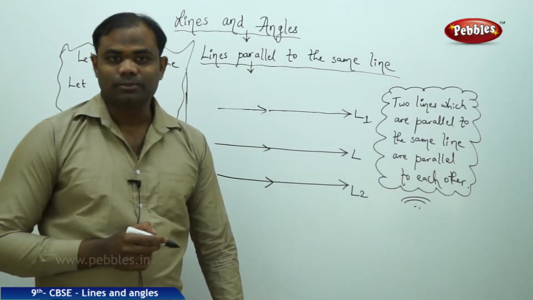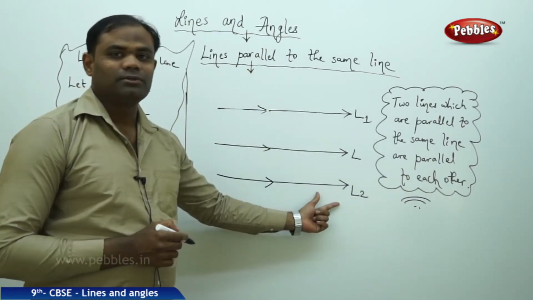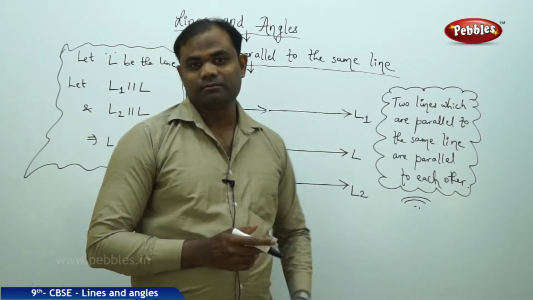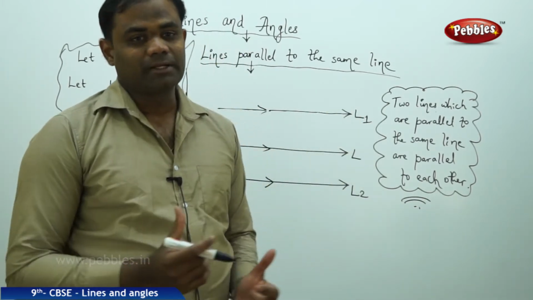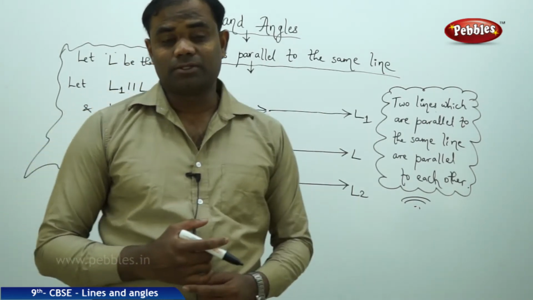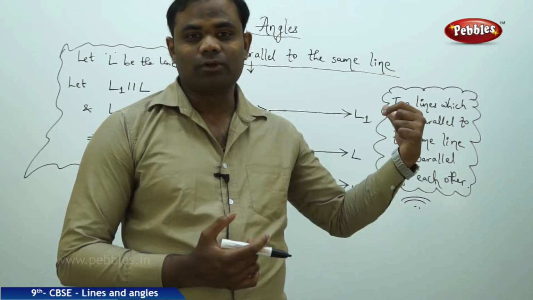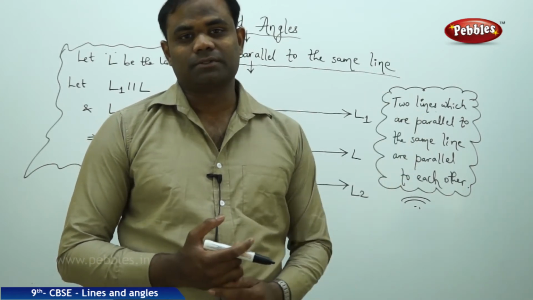The lines L1 and L2 which are parallel to line L are in turn parallel to each other, is how the property connects with lines parallel to the same line L. Mathematically true for all lines in such situations.